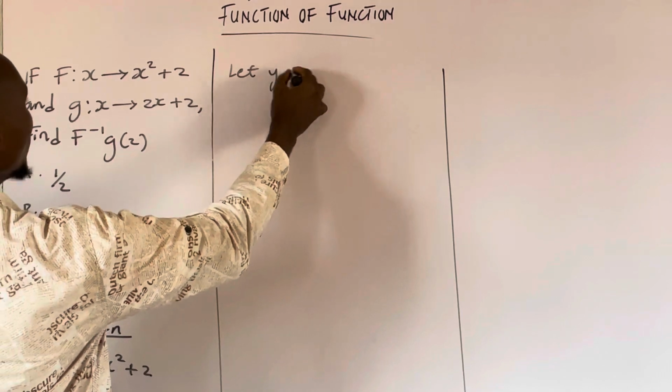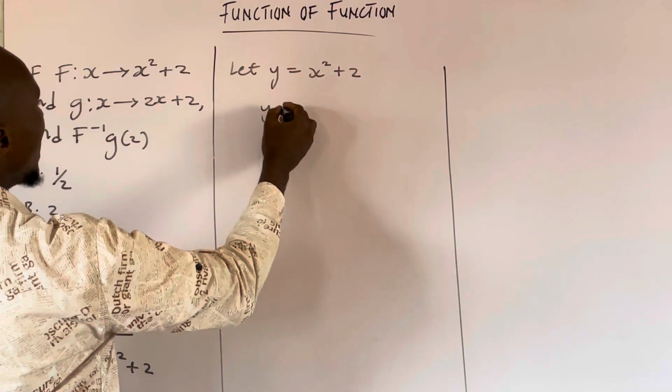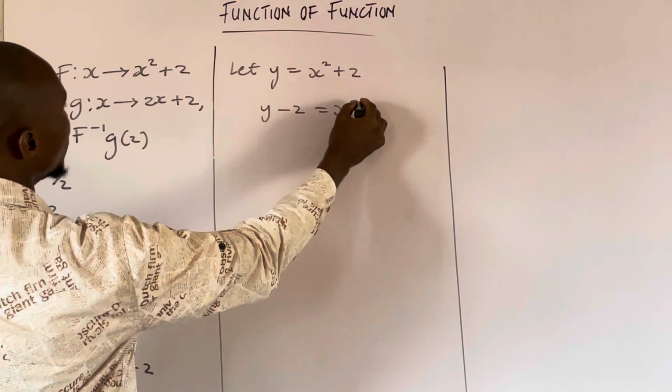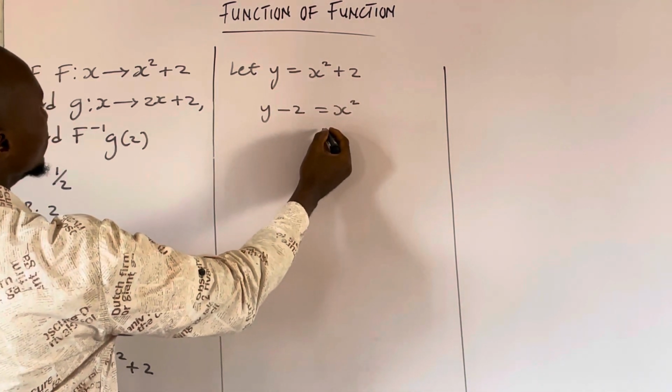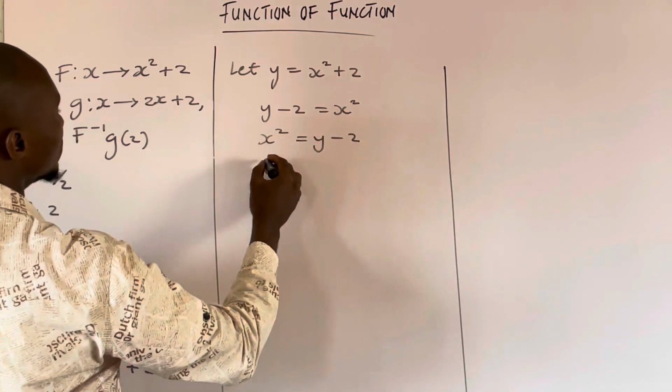Let y equal x squared plus 2. So this is y minus 2 equals x squared, right? Good. This x squared equals y minus 2.